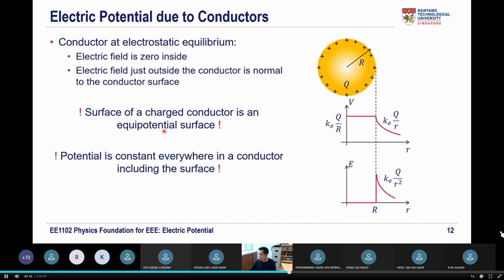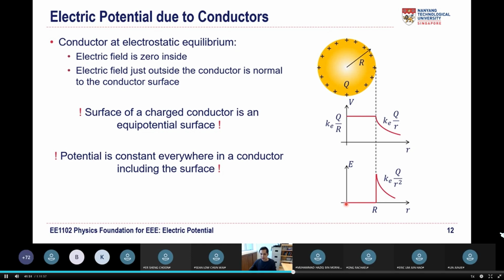So it's an equipotential surface, and in fact the electric potential everywhere inside the conductor, including the surface, is going to be constant. If I was to draw a spherical conductor like that, the net charges are all going to be residing on the surface of this spherical conductor.